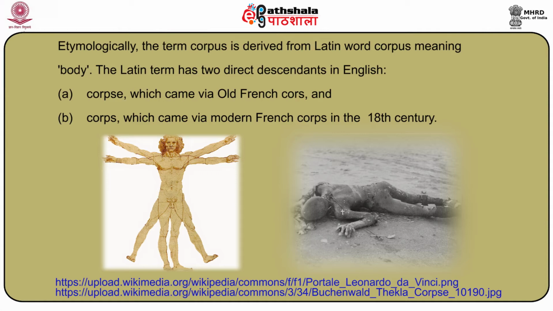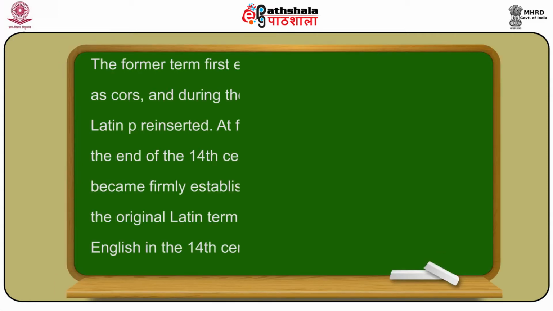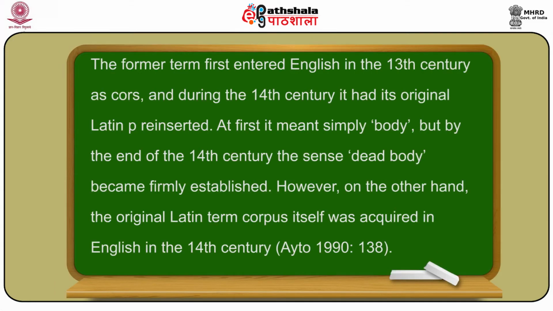Now, this term has come down to English in two different ways. One is corpus, which came via Old French corps, and another is corpus, which came via modern French corps in the 18th century. The former first entered English in the 13th century as cors, C-O-R-S, and during the 14th century it had its original Latin P reinserted.